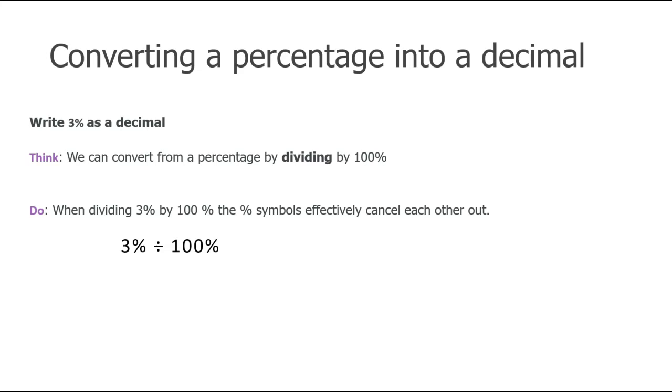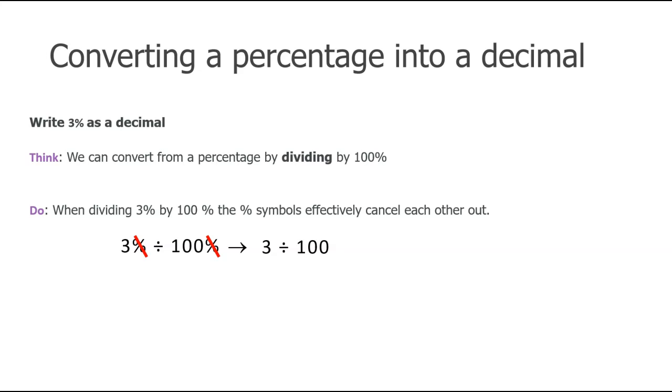So we're going to effectively cancel them out or remove them to give ourselves the equation of 3 divided by 100. Now again, notice I put a little arrow between the two because 3% divided by 100% is not technically equal to 3 divided by 100, but for our purposes, we are writing this equation out.